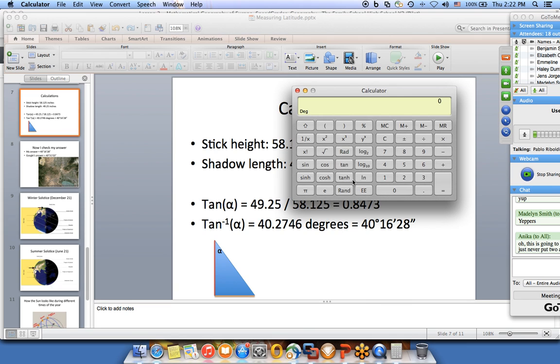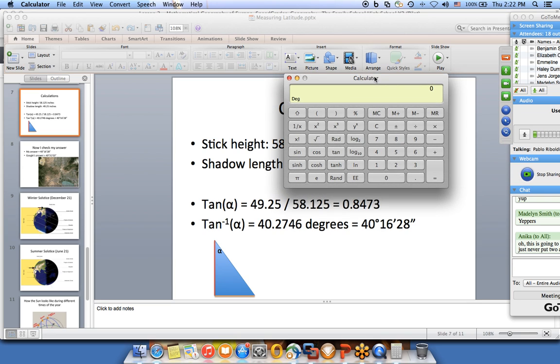Let's do it again. 49 and a quarter divided by 58 and 1/8 gives me the tangent, 0.8473.